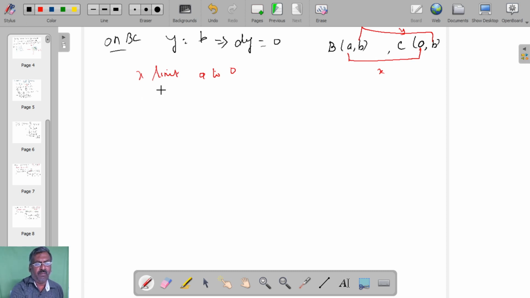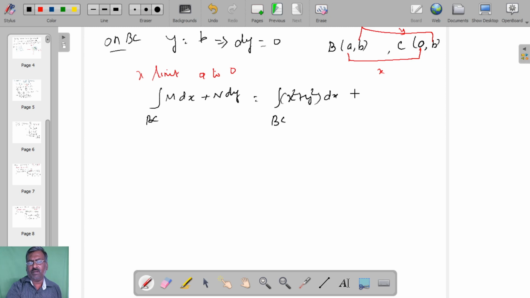So again we find the integral of M dx plus N dy along the line BC. So this equals integral over BC, M value x squared plus y squared into dx plus N value minus 2xy into dy. Now here we have y value equal to b and dy is 0.